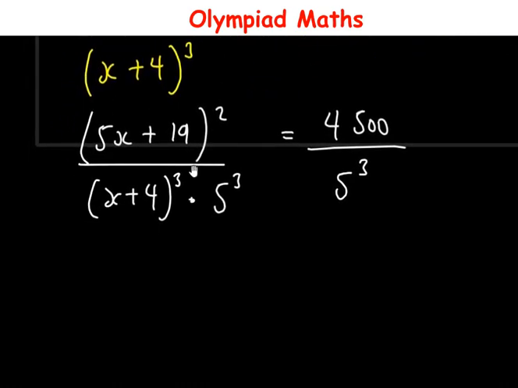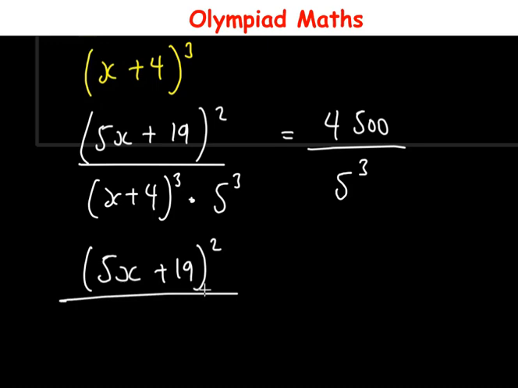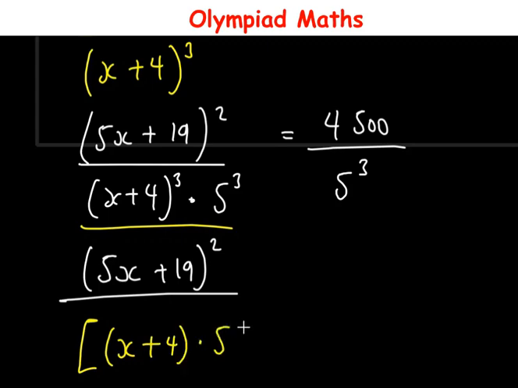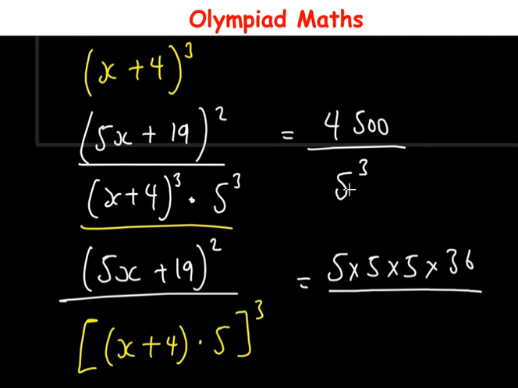So doing this, what you are going to have is (5x + 19)^2 all divided by, now this can be written in this form since we have the same powers, (x + 4) multiplied by 5, all raised to power 3. This is then equal to 4500, which can be written as 5 times 5 times 5 times 36, divided by 5^3, which is 5 times 5 times 5.